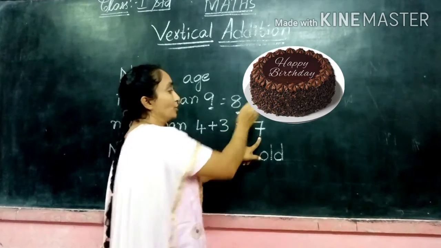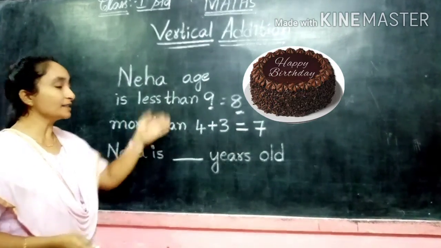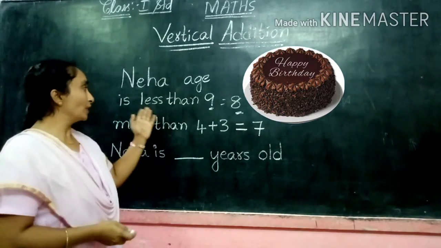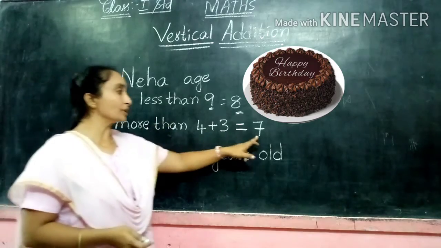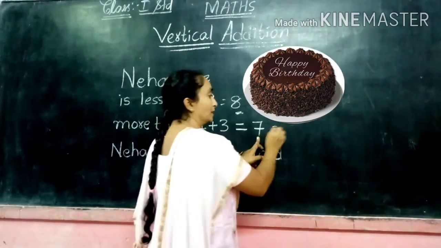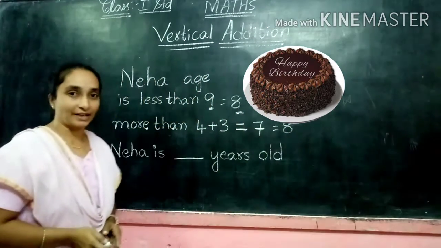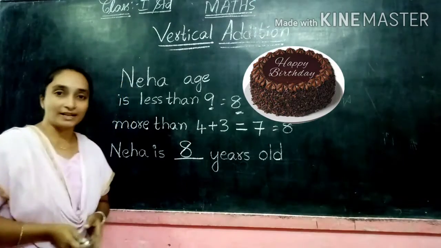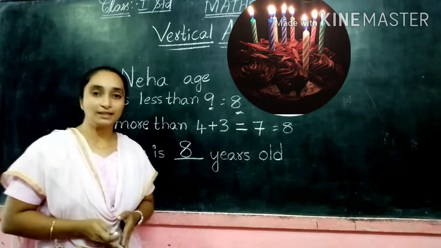Yes. So now how much is her age? Her age is less than 9 and more than 4 plus 3. Less than 9 we are getting 8, and more than 7 we are also getting 8 only. So 8 is her age. Now Neha is 8 years old.